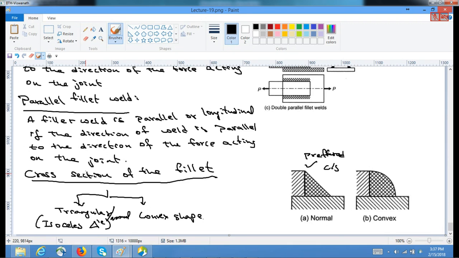If possible we'll also talk about fatigue failure or the fatigue strength of the welded joint. Once we have those in mind, we'll also solve a couple of problems tomorrow, and using those problems we'll understand how one can design welded joints for machine components.